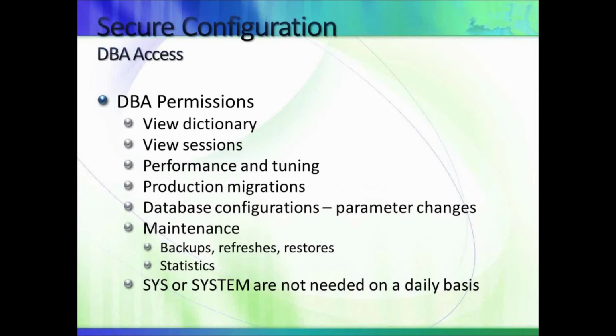However, you can also trigger that through stored procedures with an alter session set current_schema, and be able to change that and not necessarily have the full permissions, where you would just need to be able to alter your session to do that. And then, of course, you need enough permissions to run your backups and your statistics and your maintenance jobs that you're going to run.